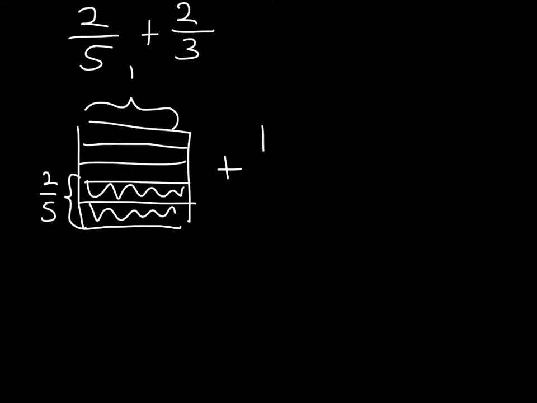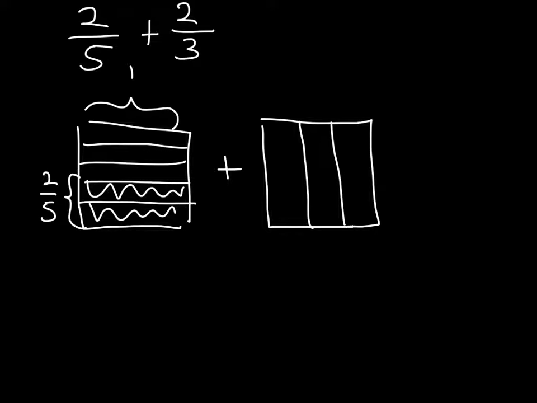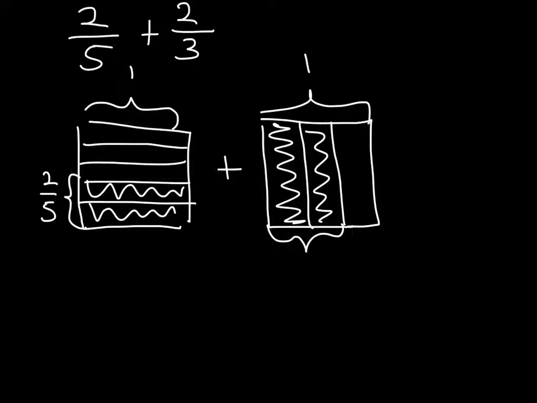And we'll also make an area model for 2/3. This time we're going to draw 2 lines to break it into 3 equal parts, and we'll shade in 2 of the parts to show 2/3.